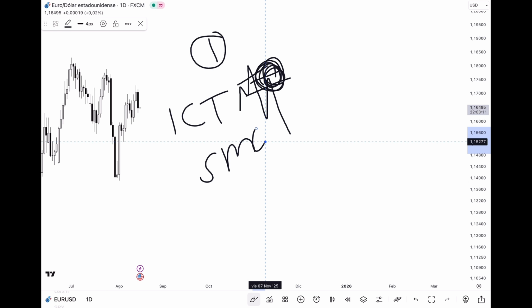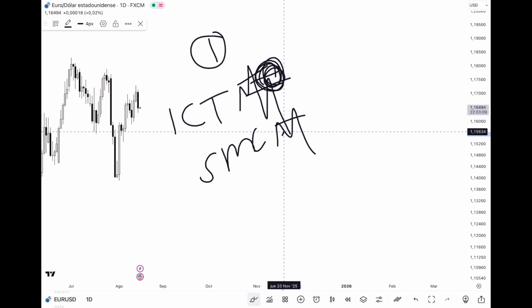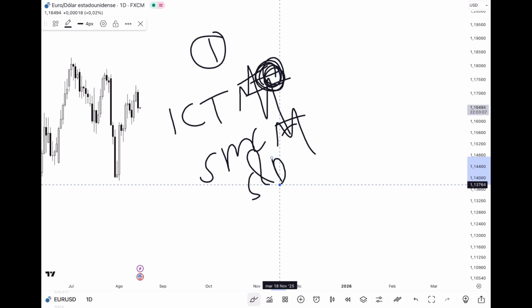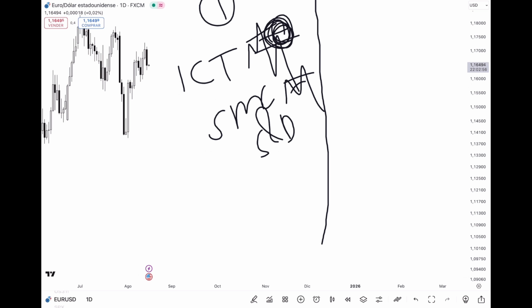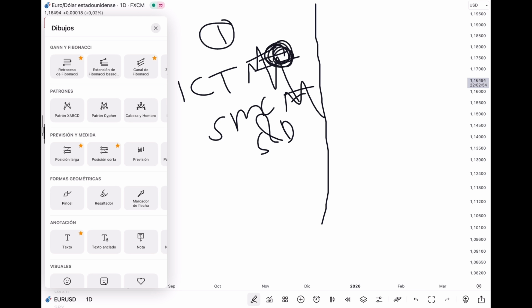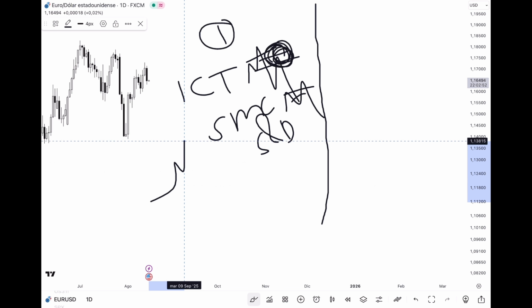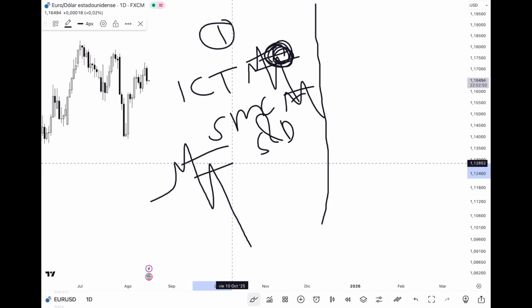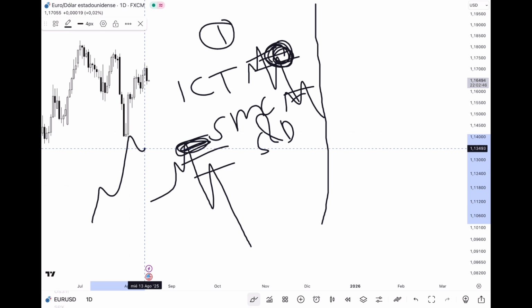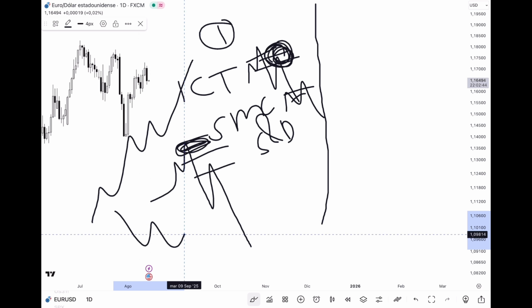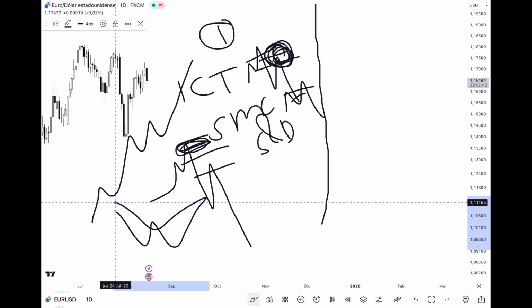Whether you're an SMC trader, a supply and demand trader, an Elliott wave trader, a harmonic trader, a Wyckoff trader, price action trader, fractal trader, all of these people are trading candle patterns on one time frame. FVG, supply zone, 5 waves, harmonic crab pattern, which is real, by the way.